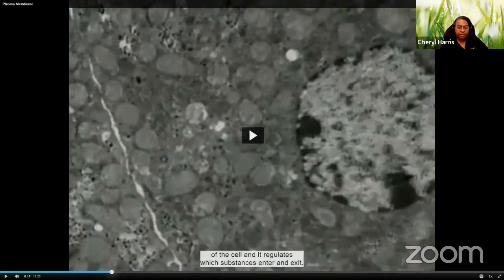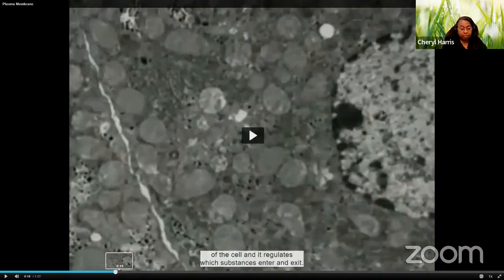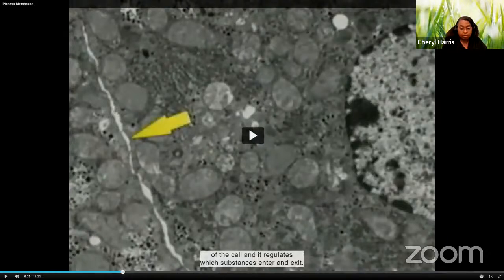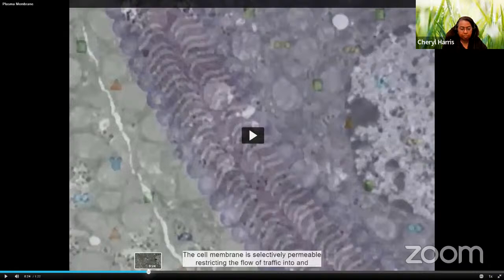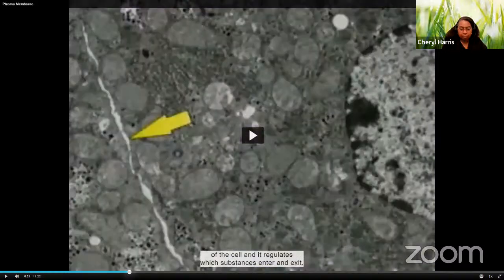The first one is it regulates which substances enter and exit the cell. Okay, I'm going to start it from here.